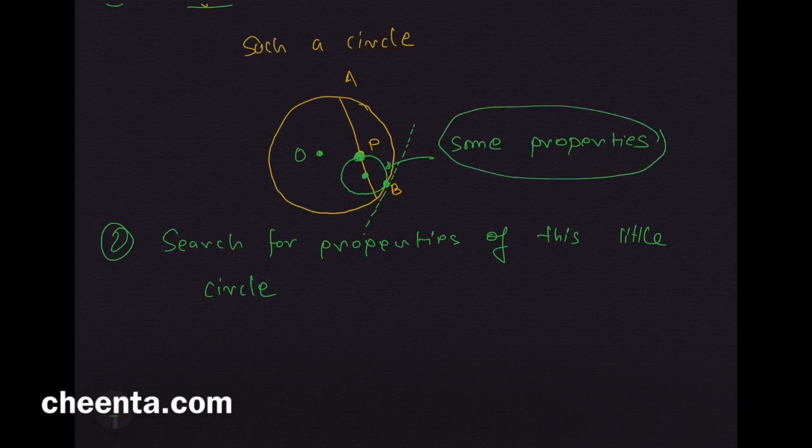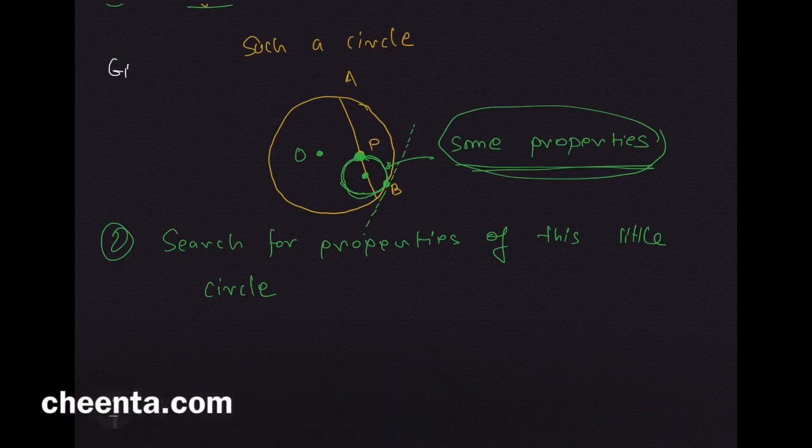So it's sort of a back calculation in some sense. Once you know these special properties that this little circle has, you can now think about how to draw this little circle given the big circle, the line and the point P. Also keep an eye on what is given.